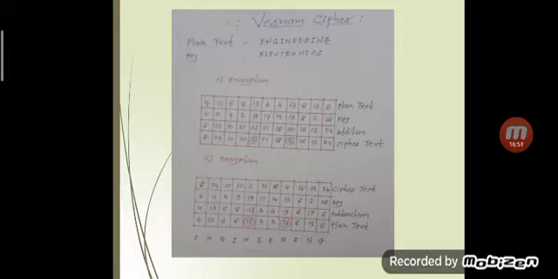That is, number 8 is replaced with I, then 24 is replaced with Y. Likewise we can represent our ciphertext in alphabets. So likewise we can do the encryption, converting our plain text into the ciphertext. So this is the encryption process of the Vernam cipher.